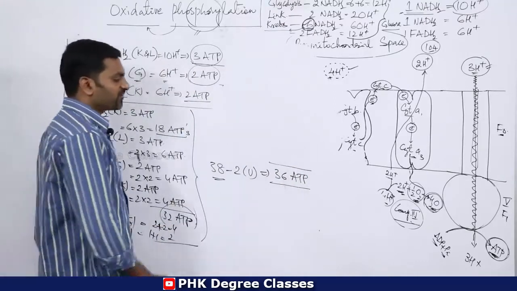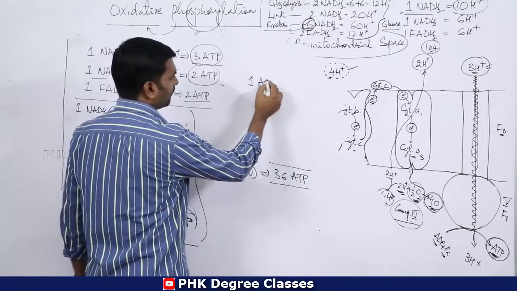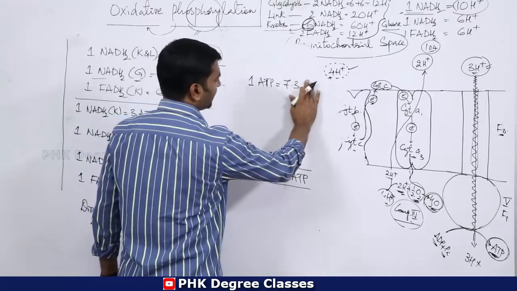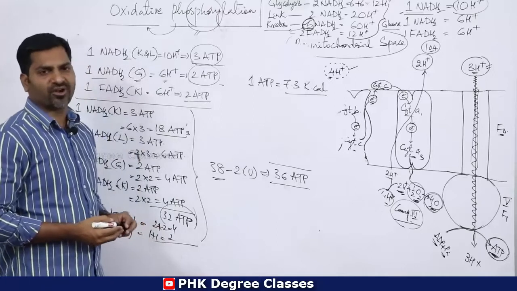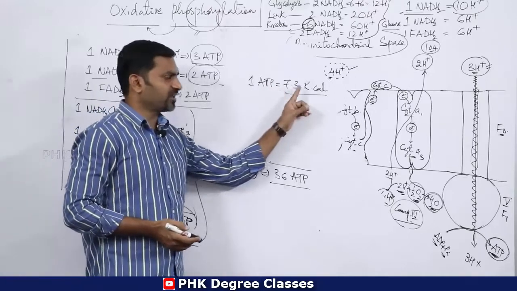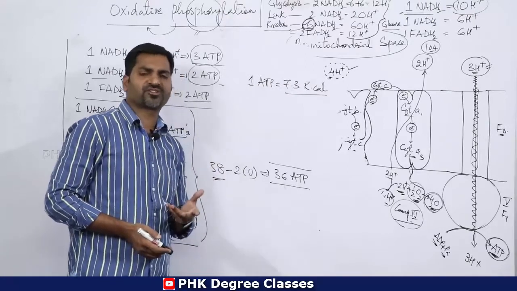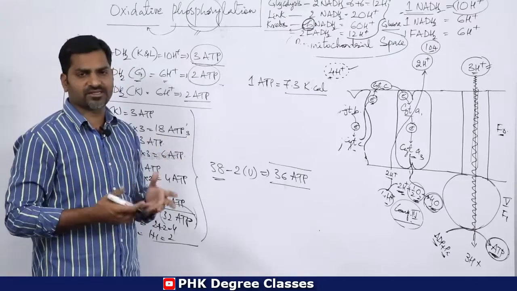Okay. So out of 36, for example, 1 ATP molecule will give rise to 7.3 kilocalories of energy. Sometimes, in some books, the information related to ATP energy may be 7.6 kilocalories.